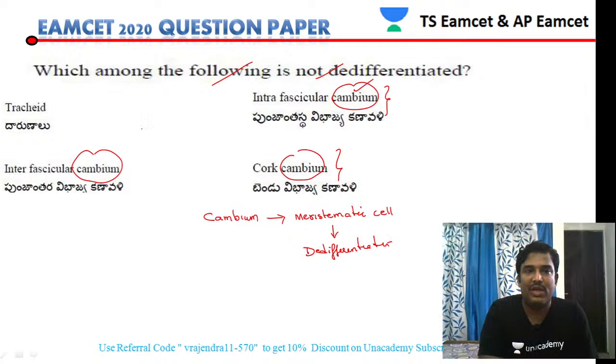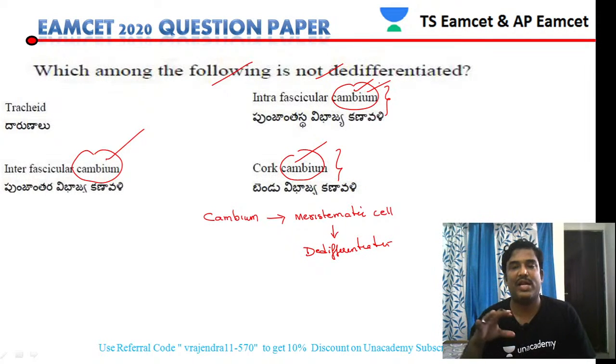Interfascicular cambium can undergo dedifferentiation, cork cambium can undergo dedifferentiation, and intrafascicular cambium also can undergo dedifferentiation. They are able to do so because of the presence of meristematic cells.